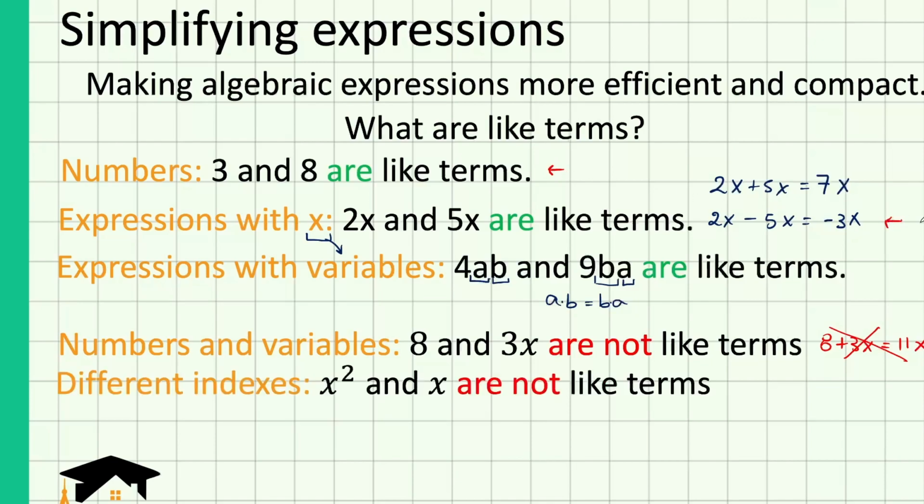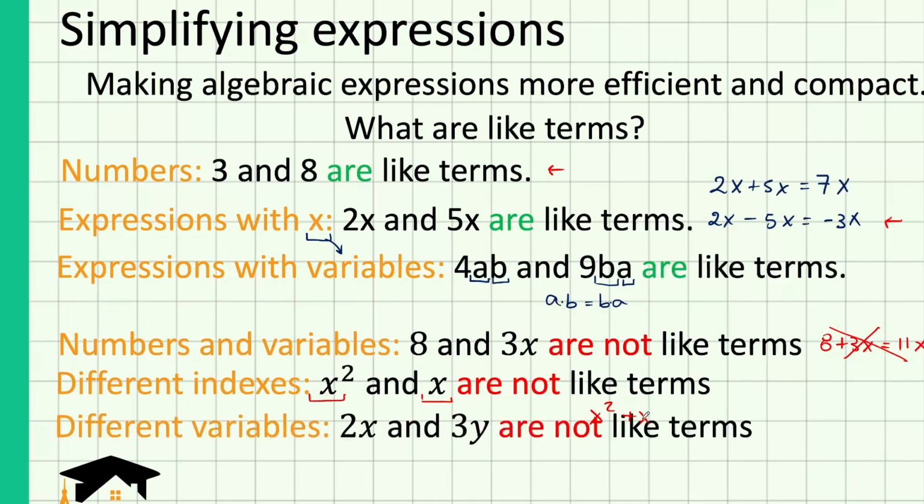Whenever we have different indexes, they are also not like terms, so we cannot operate x squared and x. That means that if I have x squared plus x, then there is nothing that I can do with this expression. There is no way that I can make it more efficient or more compact.